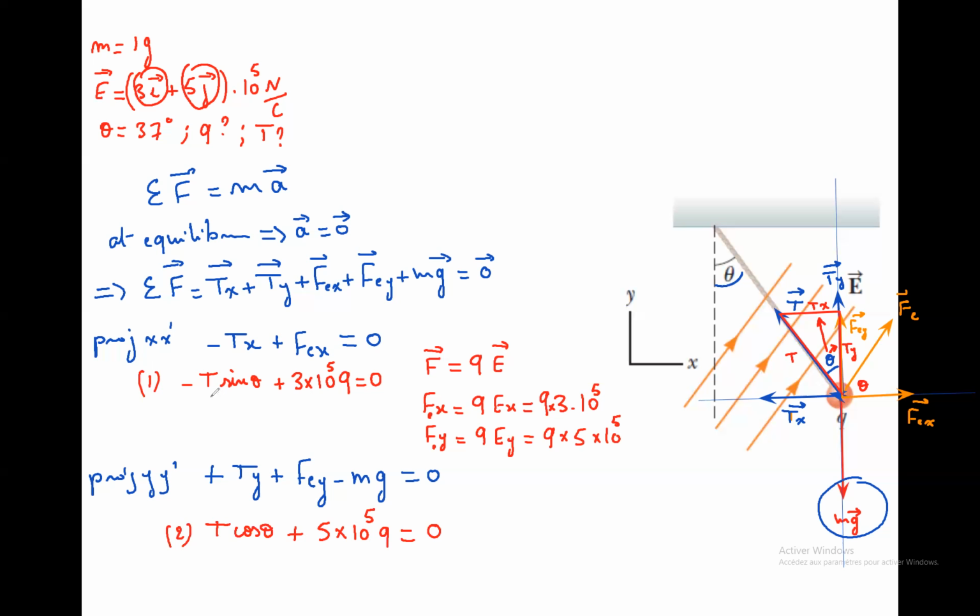Okay, we can substitute T, for example, here we have T equal 3 times, and you know that theta is equal to 37. Let's write the equation.